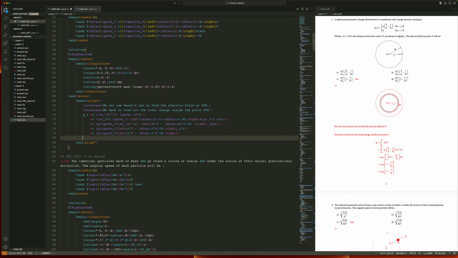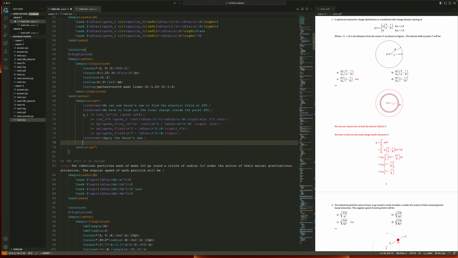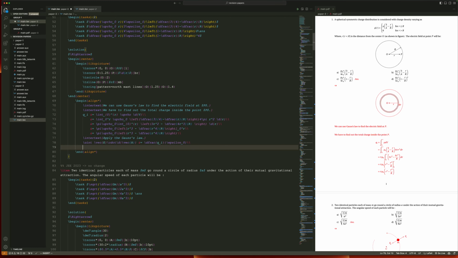So let's start with the intertext. Apply the Gauss law. So for that, yes, that's right. Let's run it first.